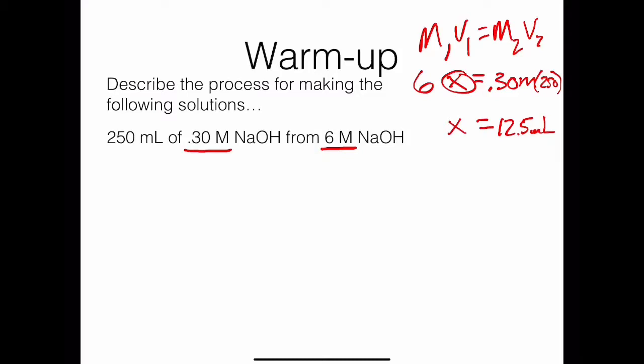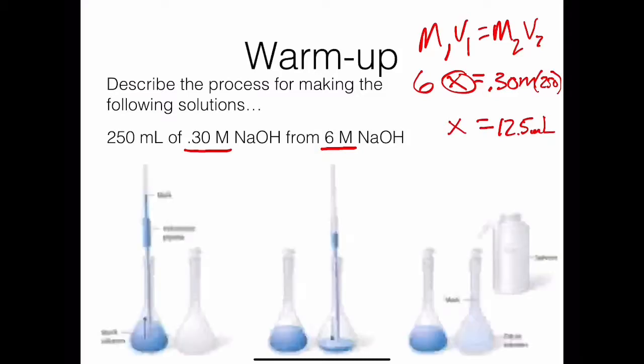So what is that going to look like in terms of the process? So we have equipment that looks like this. Over here, this says stock solution. So you're going to start by putting the desired amount of stock solution into what's called a volumetric flask.